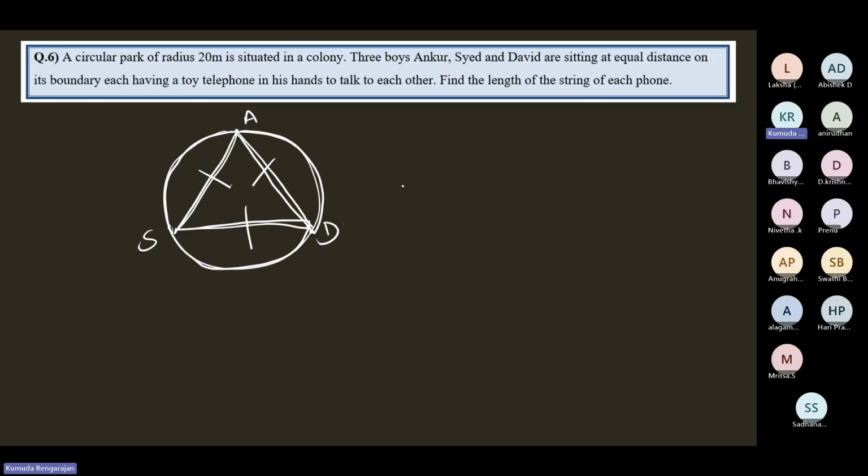Now the idea to find the answer is very simple. Divide the triangle into three smaller triangles. This is the center of the circle. Join the vertices of the triangle, that is A to O, S to O, D to O. Join the three vertices A, S, and D to the center O. So like this, we divide the triangle ASD into three smaller triangles: triangle AOS, triangle SOD, triangle AOD.